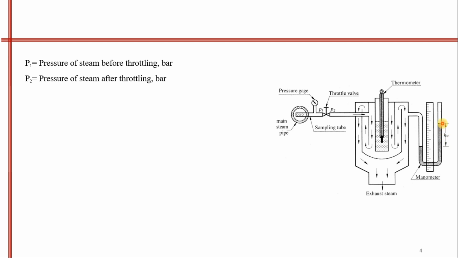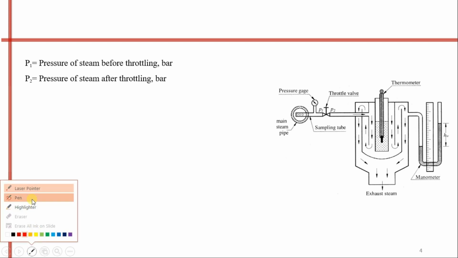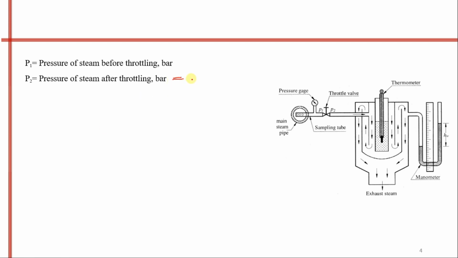The equation for pressure from the manometer is P = ρgH, which is density times gravitational acceleration times the height difference inside the manometer, where ρ is the density of the liquid inside the manometer and g is gravitational acceleration. So from this equation we can find the pressure from the manometer.